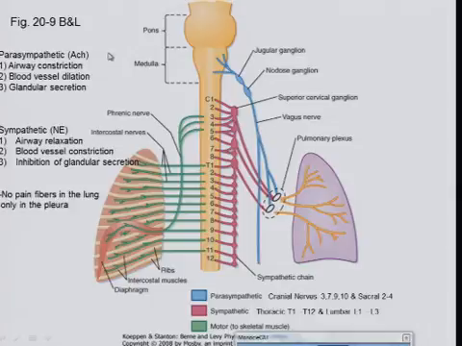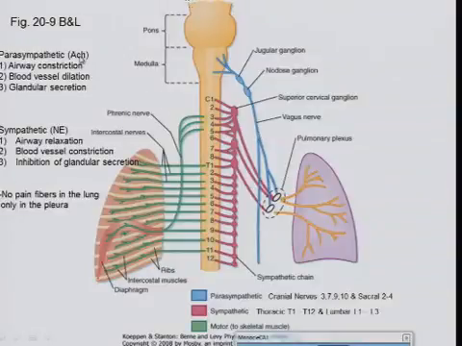But primarily, in the autonomic nervous system, we're talking about the parasympathetic system. Now, the parasympathetic system starts here in the medulla, and it comes down through, and primarily we're referring to the vagus nerve. The vagus nerve is your primary pathway of the parasympathetic system.